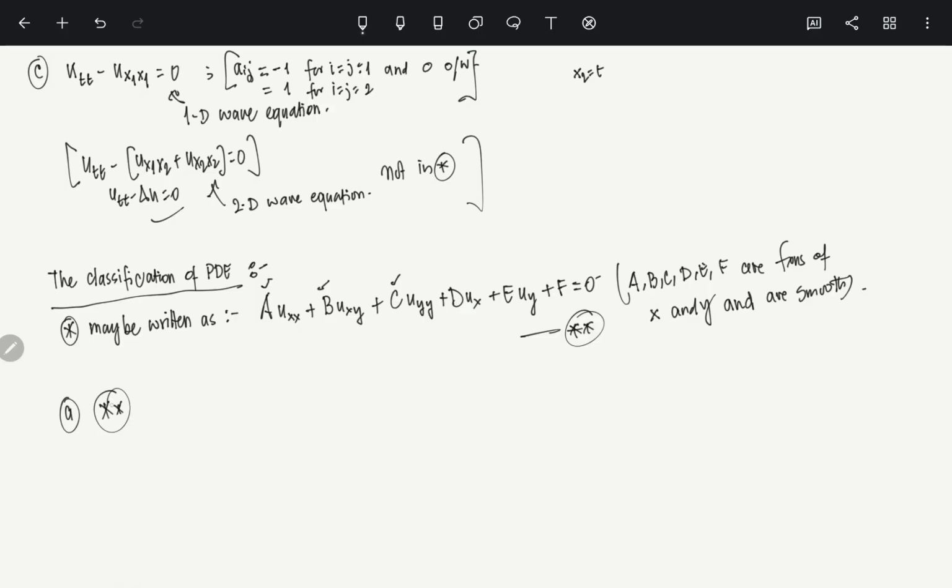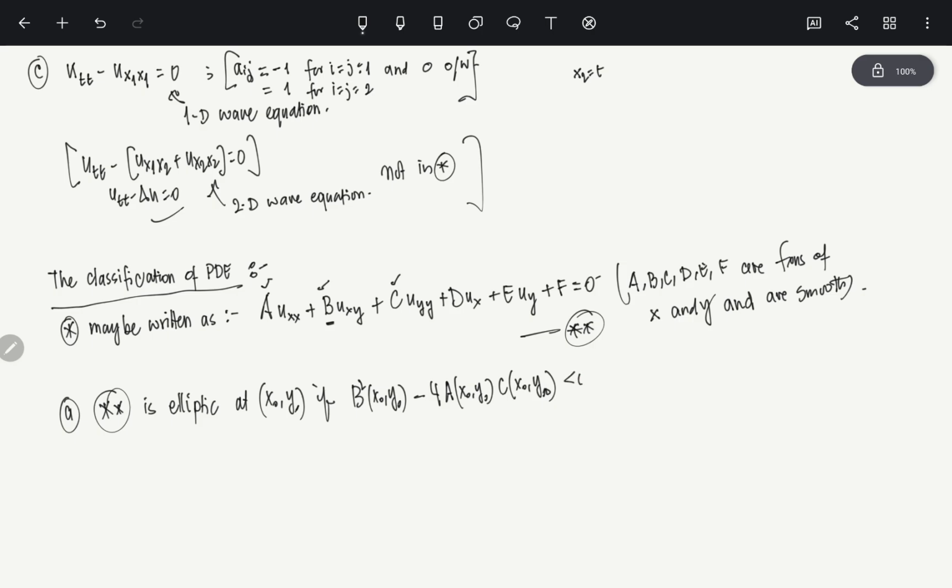Double star is elliptic at a point x naught, y naught if B squared at x naught, y naught, these being functions of x and y, minus 4 times A at x naught, y naught times C at x naught, y naught, is negative. Then you have an elliptic equation at that point.